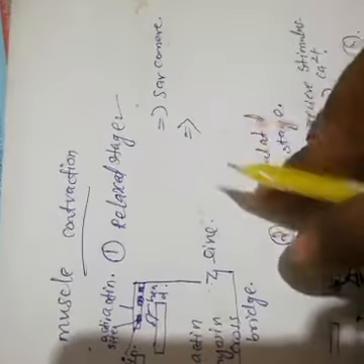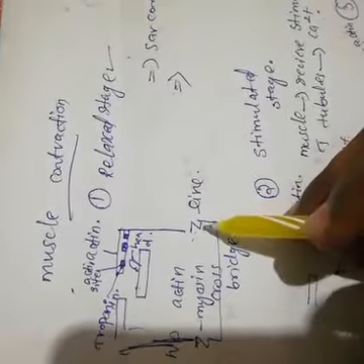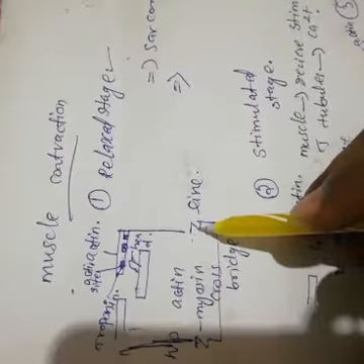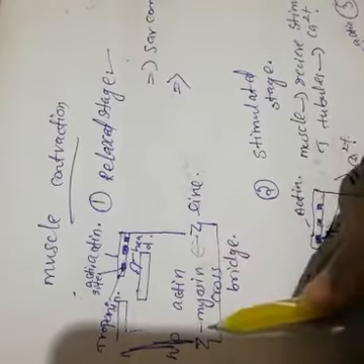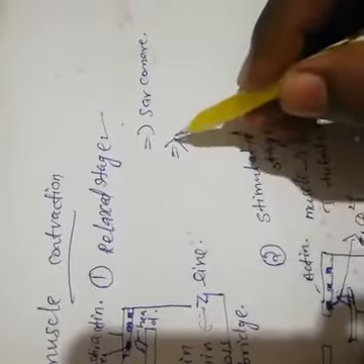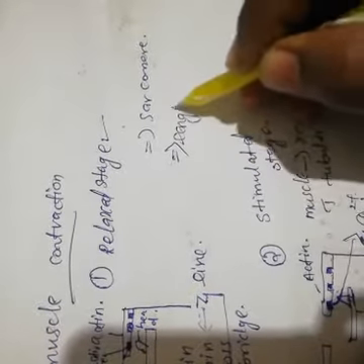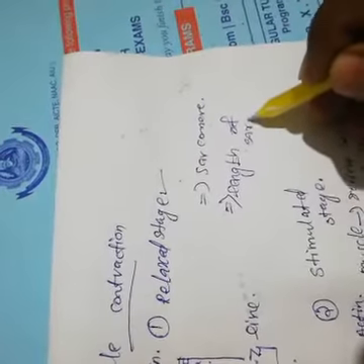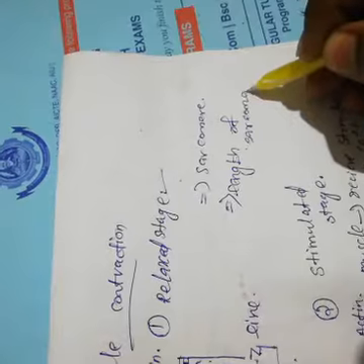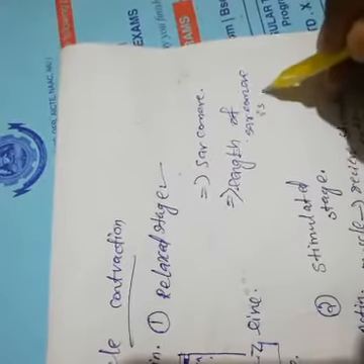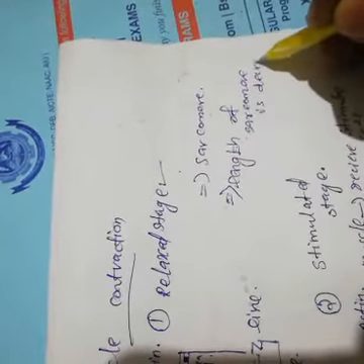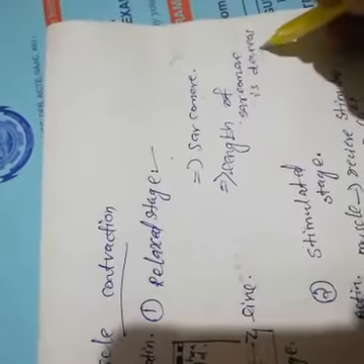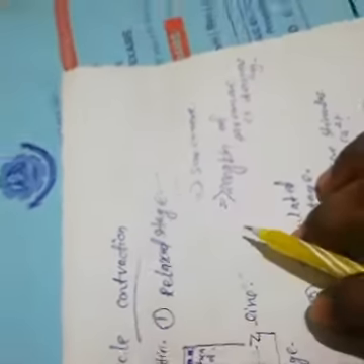During muscle contraction, we can observe that the Z line is moving towards the center. So during muscle contraction, the length of the sarcomere is decreasing.